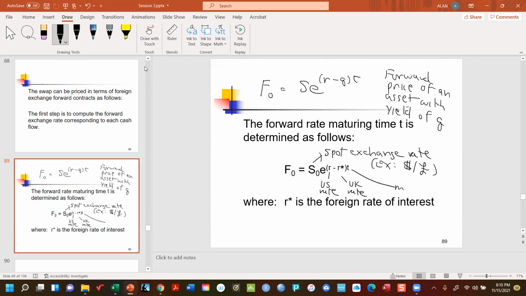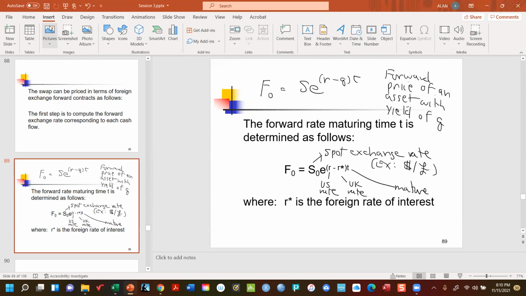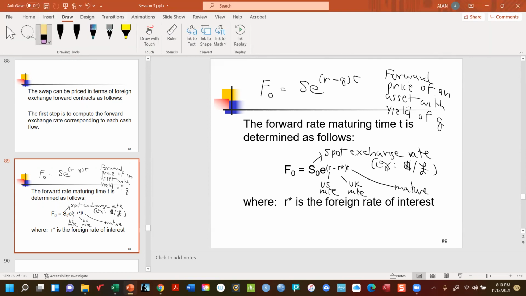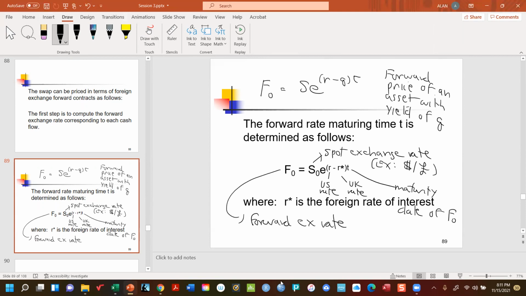And this is the maturity of the forward exchange rate. Remember, the forward exchange rate is delivered at some point in the future, so I'm going to call that the maturity date of F. And of course, F is the forward exchange rate. And remember, we also call this interest rate parity.